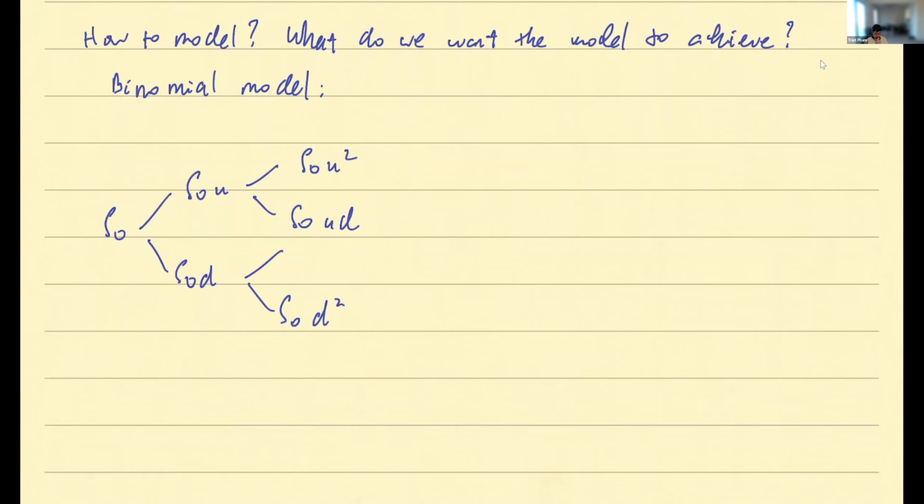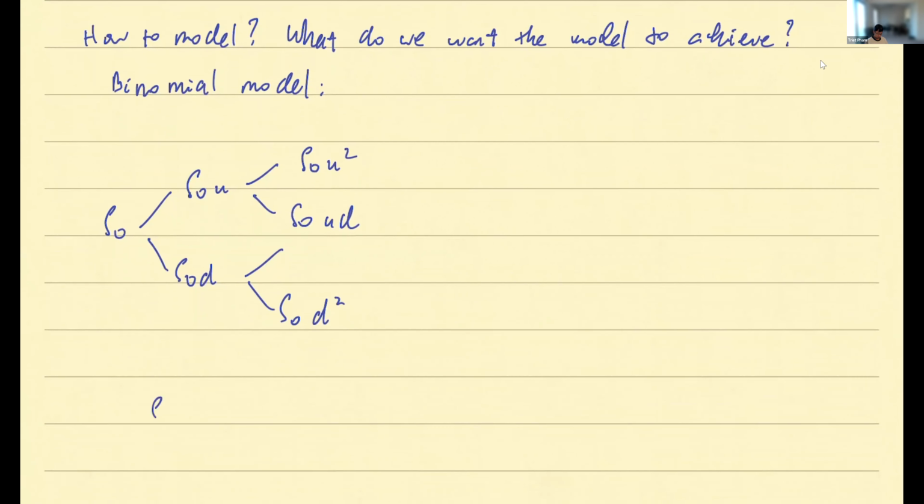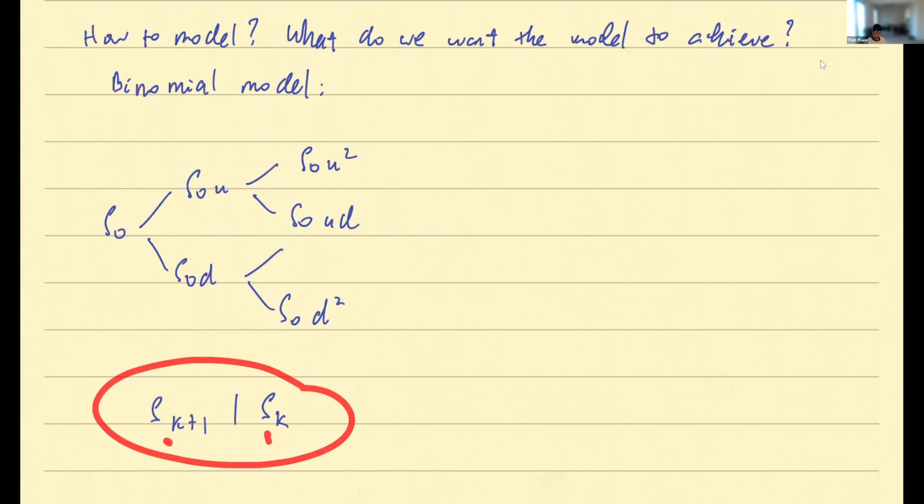Now, if you want to write down some sort of stochastic formulation, S_{k+1} conditional on S_k will be S_k times some X_k.